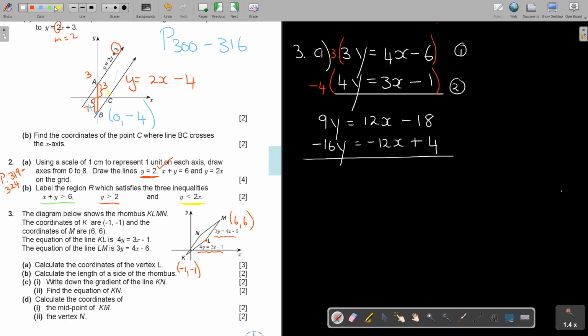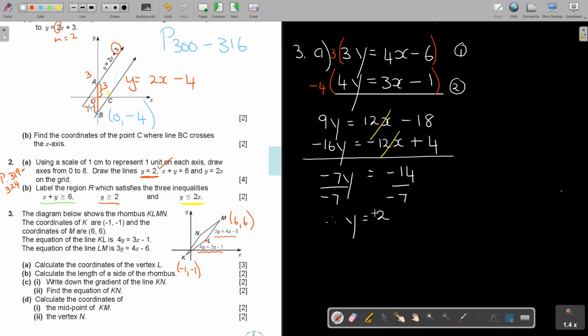And now this is what I want, because I want something to cancel out. Now I'm just going to say 9, so this will be negative 7y. And this one will be negative 14. And I divide negative 7 and I divide negative 7. So therefore the value of y is 2.